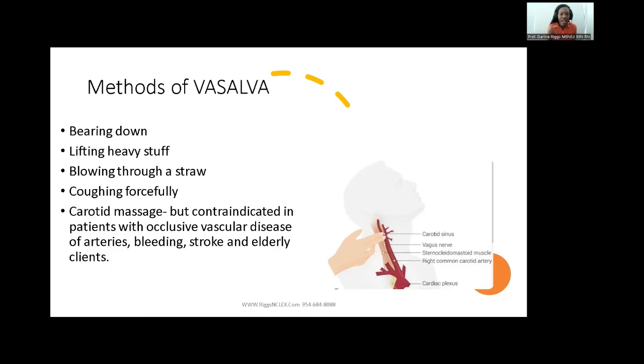Coughing forcibly. I mentioned the carotid massage earlier, and I told you I was going to cover that. Here's a nice picture of that. What you need to remember is that it is sometimes contraindicated. You would not do this if there's any occlusive problem, because you'll dislodge whatever it is and it's going to travel. You could cause bleeding, or if they already have a history of bleeding or stroke, or they're elderly, the carotid massage is contraindicated.